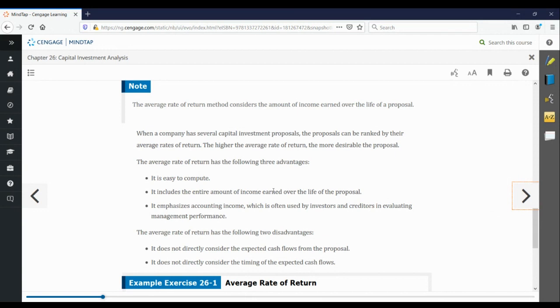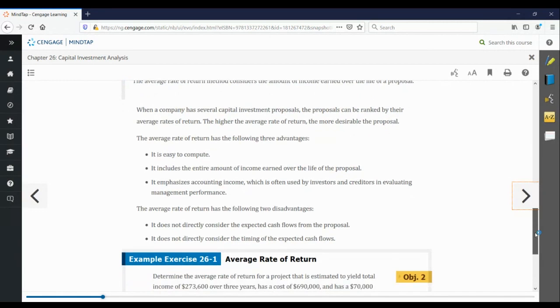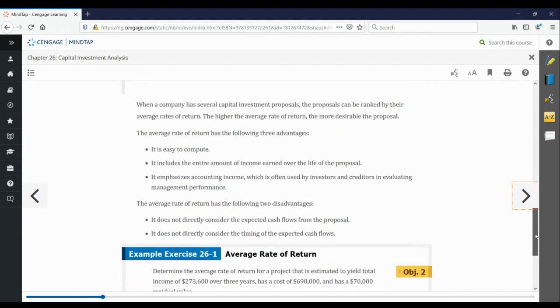So it has some advantages by using this method, and it's simple to use, and so management uses this as the first method of evaluation for investments that they are thinking about investing in for their company.